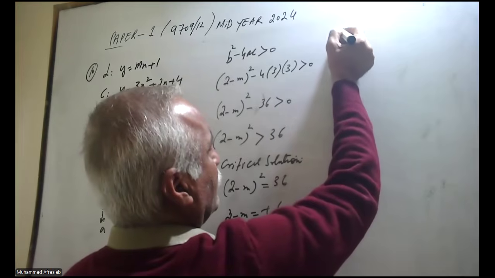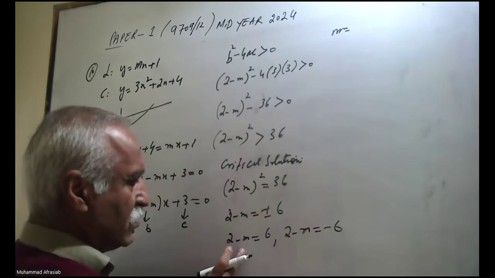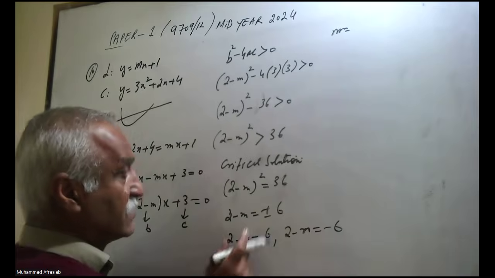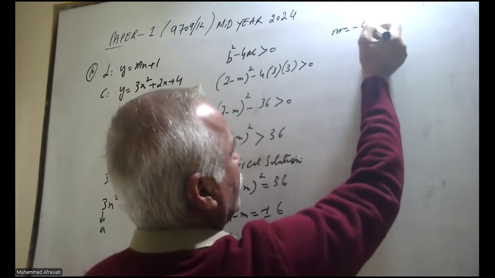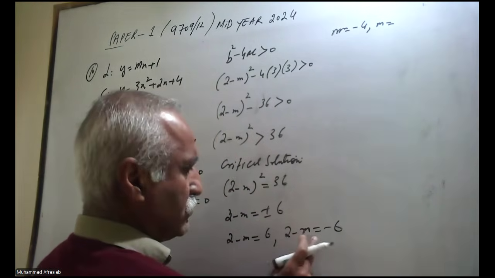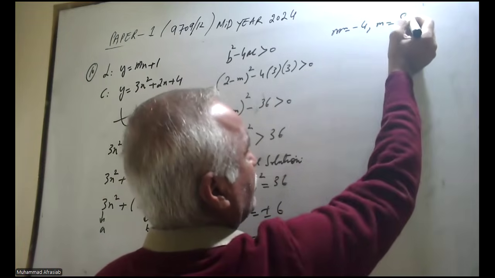So m should be equal to 2 minus 6, that is minus 4, and m should be equal to 6 plus 2, 8.